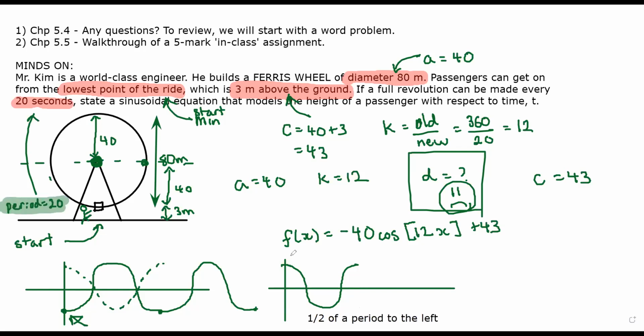So what's half of a period to the left? 10 seconds. So another potential equation you could have given me is, let's use a different color, red. Another one that is just as correct is a positive 40 cosine 12 and then half of a period to the left. And this would be just as correct and you get full marks.